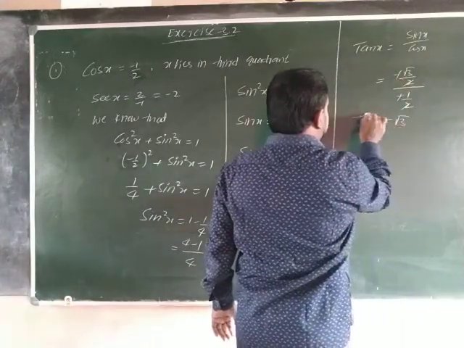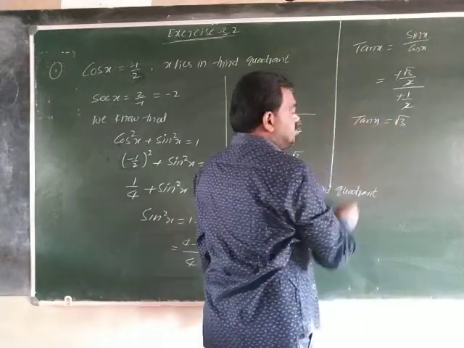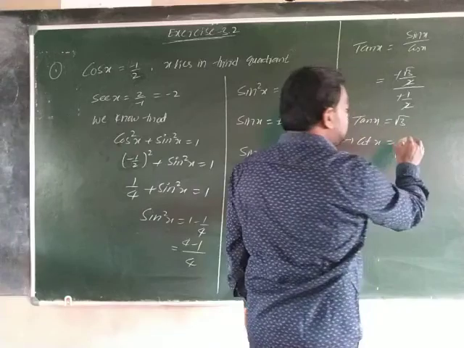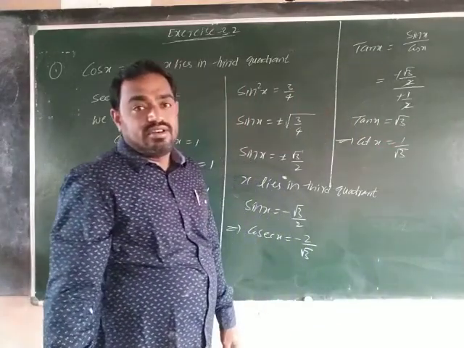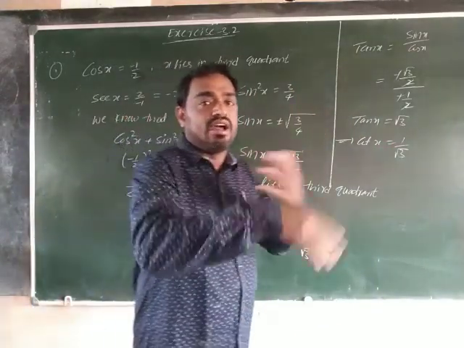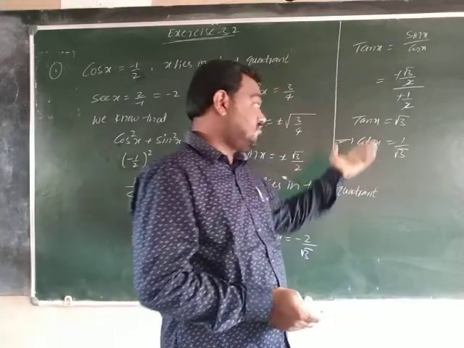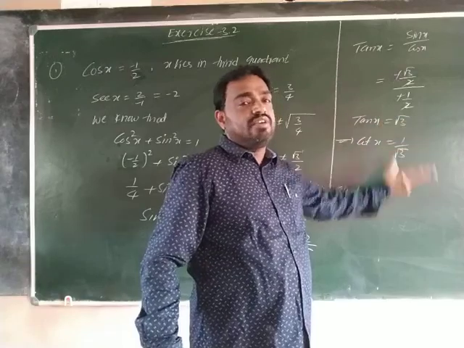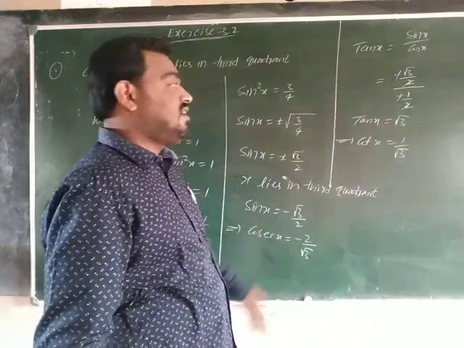It is root 3. Tan x is equal to root 3, then cot x is equal to 1 by root 3, the reciprocal. So this is the cot x value.